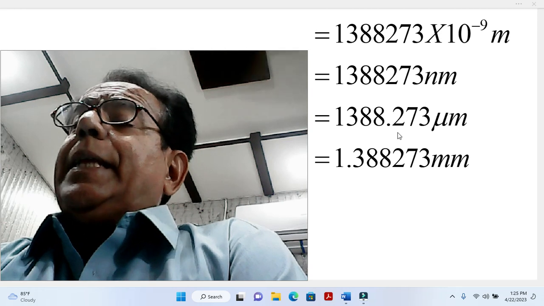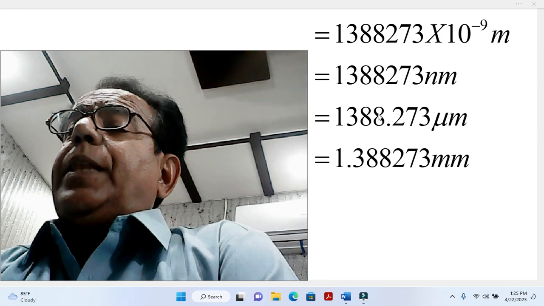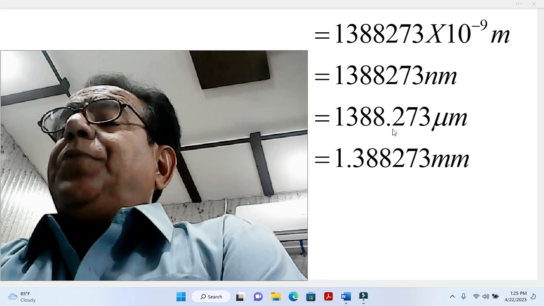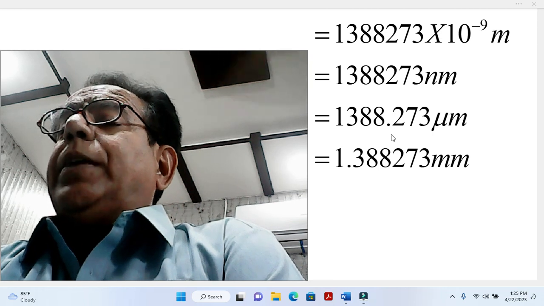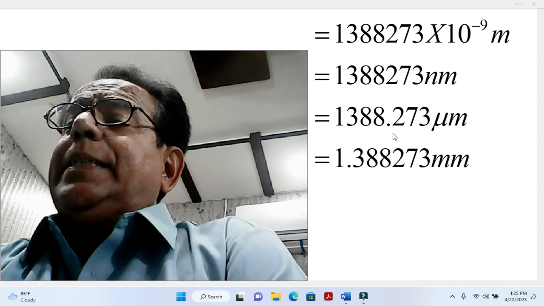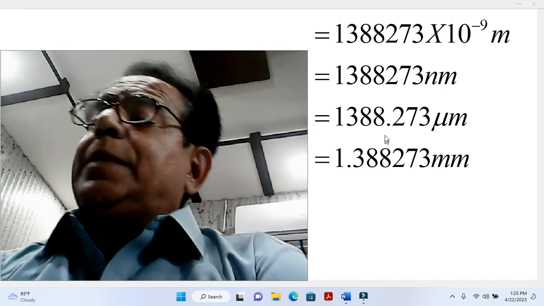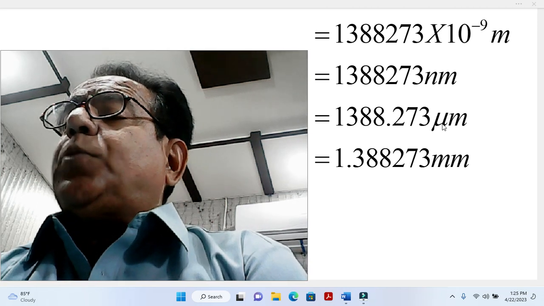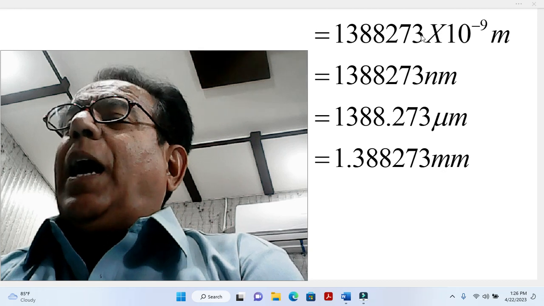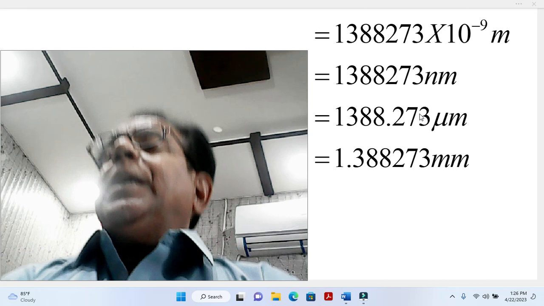And if we repeat the same process once again, that is, we once again divide it by 1000, or in other words, we shift this decimal 3 stages backward, then this micro will be shifted to milli. So all these values are absolutely equal.